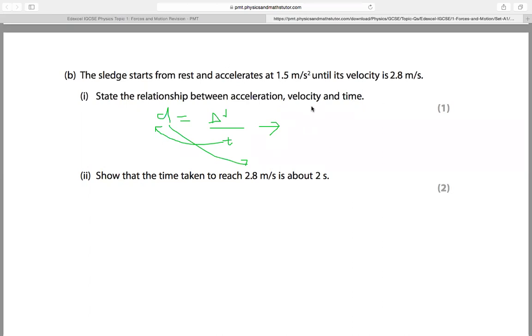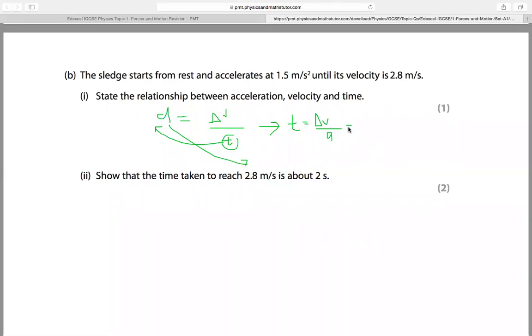Okay, so let's continue. So we have acceleration equals change in velocity over time. When I switch it around, because I want to calculate for time, time equals change in velocity over acceleration. So I make time the subject. So time I bring up, acceleration I bring down.